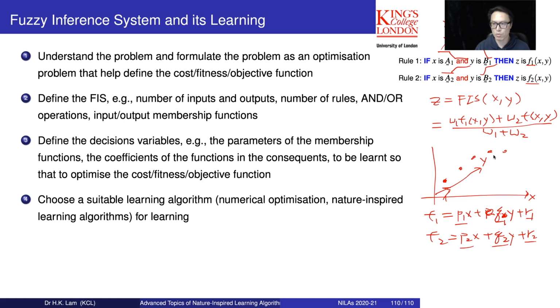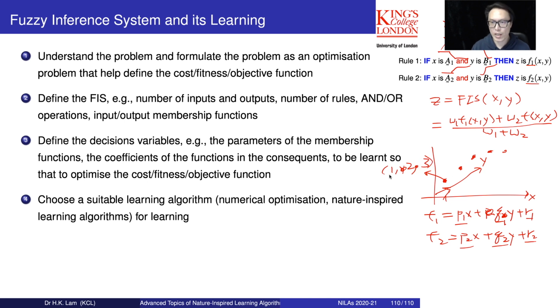And now, because we want to do the curve fitting, we can simply fit each point into this fuzzy inference system, so we can find the error. Say this point, for example, x is 1, y is 2, and z we expect to be 3.